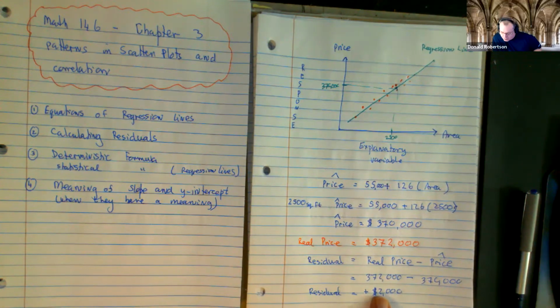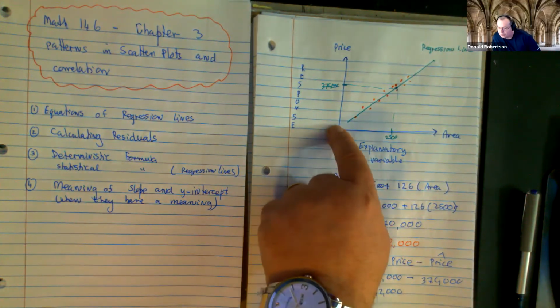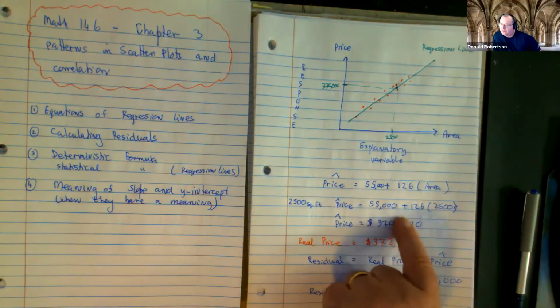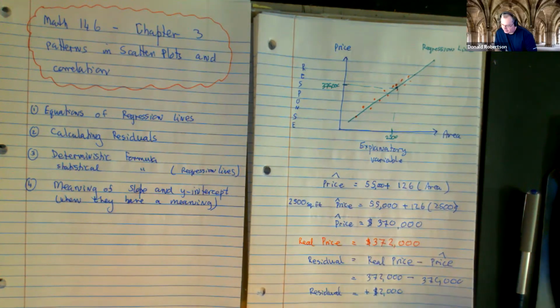And we want these numbers to be small, don't we? Because if we have small residuals, doesn't this mean that the model, the equation of the line, is good at predicting the price of the house? That makes sense? If the residuals that you get when you use the model are small numbers, it's a good model.